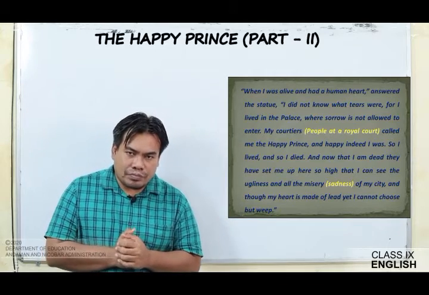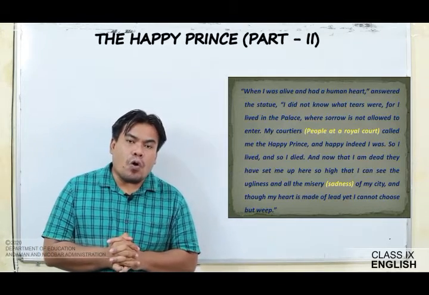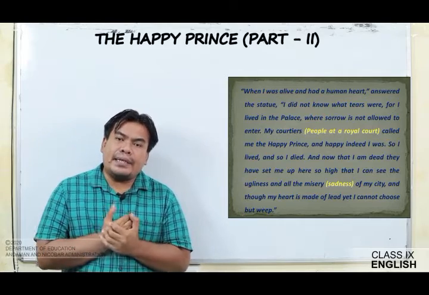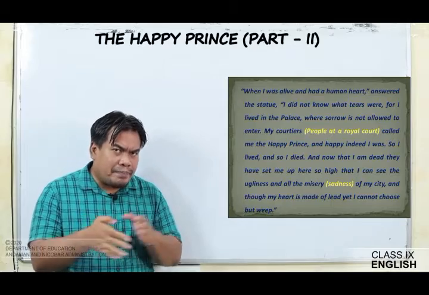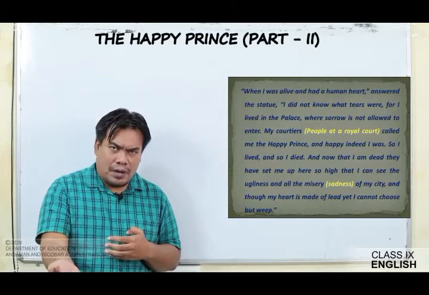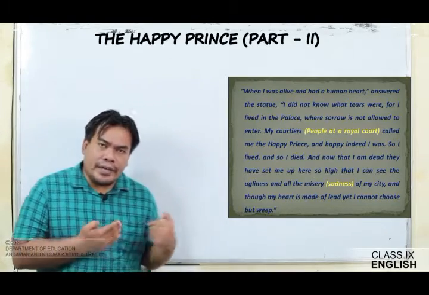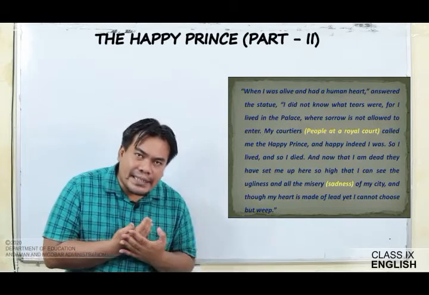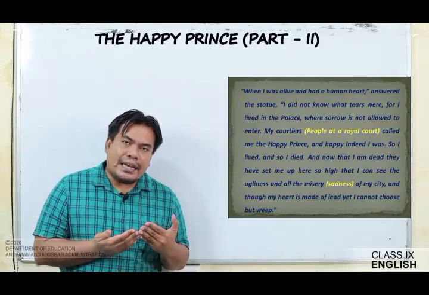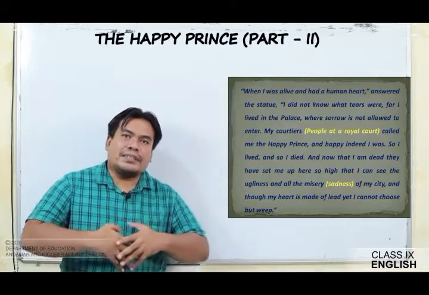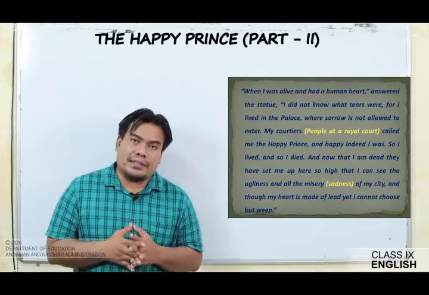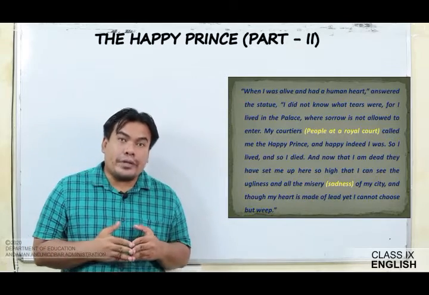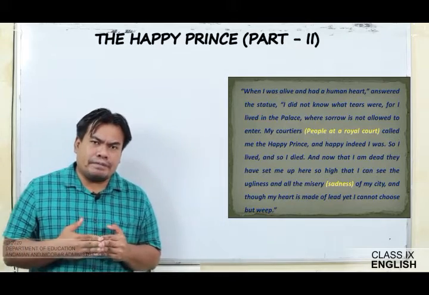palace. My courtiers called me the happy prince, and happy indeed I was. See, I am reading out actually the paragraph from your book. So here the prince is telling that because of his nature, he was considered the happy prince by his courtiers. Who are these courtiers?